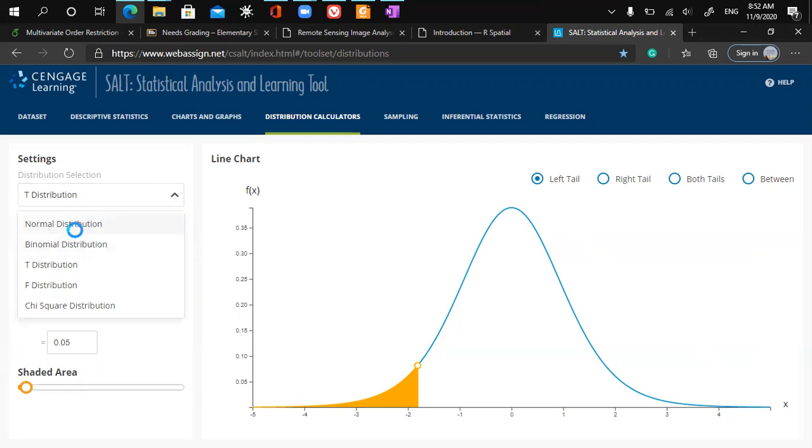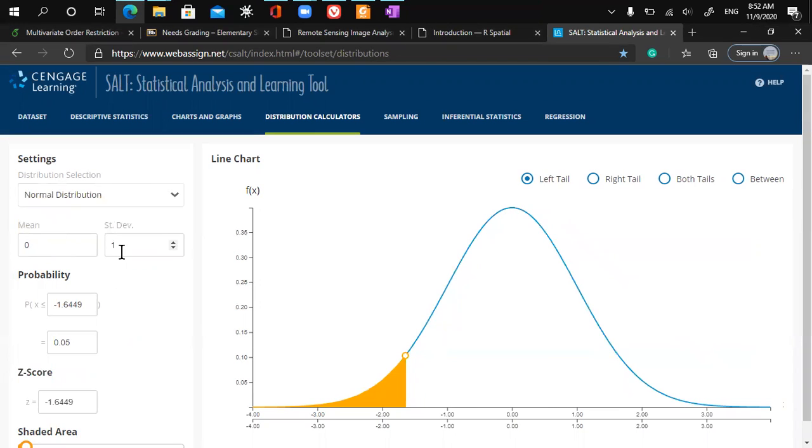Let me go to normal with the same 0 and 1, and look at this one. If you round to 3 digits, it's -1.645. Now, if this shaded area to the left is 0.05, I'm not changing this one, we are trying to find this value. So for Z, it's this value.